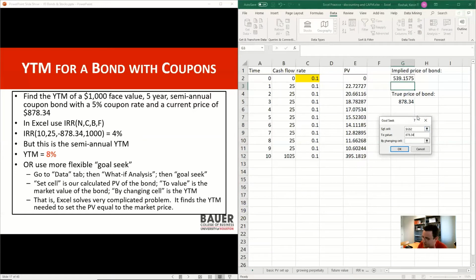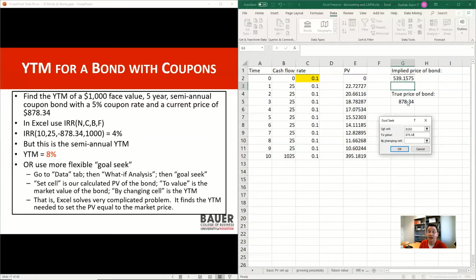So this is the logic in Excel. We're telling Excel, change cell G2, make it something different, make it equal to 878. Excel can say, oh, I can do that, that's fine, but you have to give me some flexibility. Excel has to be able to change some stuff in order to hit the right number for cell G2.